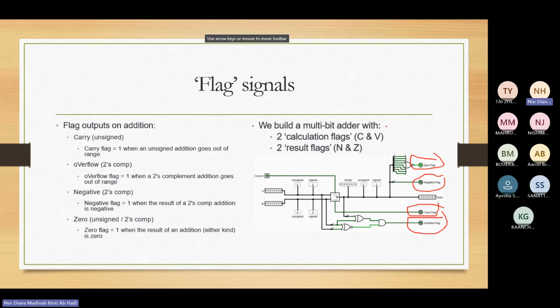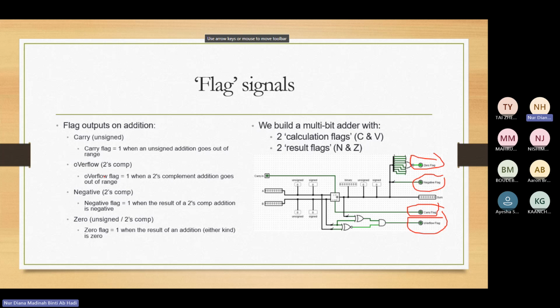We build a multi-adder with 2 calculation flags, C and V, and 2 result flags, N and Z. The carry flag is equal to 1 when your unsigned addition goes out of range. The overflow flag is 1 when a two's complement addition goes out of range. The negative flag is 1 when your two's complement result is negative.